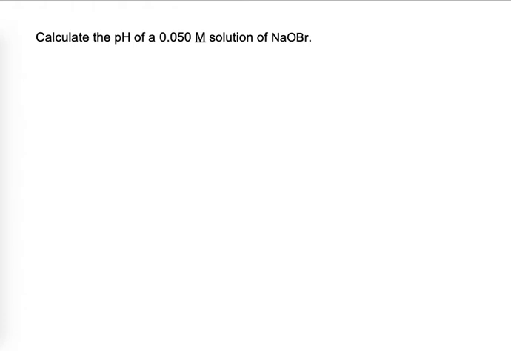In another example, calculate the pH of a 0.050 molar solution of NaOBr, sodium hypobromite. Again, I expect you to look at the formula, analyze it, mentally dissect it into the ions that make it up, and recognize that this sodium salt, being completely soluble, will fully dissolve and dissociate to form sodium cations plus OBr minus hypobromite anions.